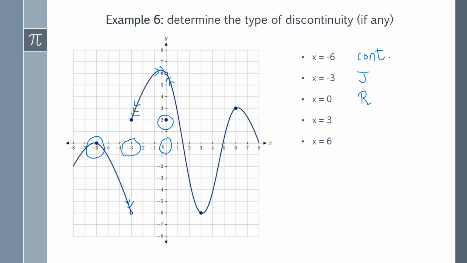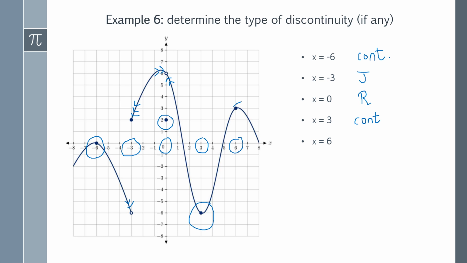Okay, x is equal to 3. So that point right here. What is our function doing for x is equal to 3? No issue here. Just like for x is -6, this is where f is continuous. And one more, so x is equal to 6.